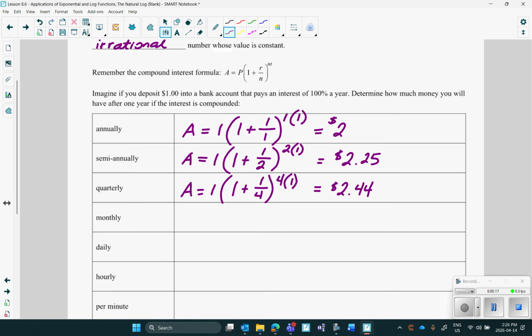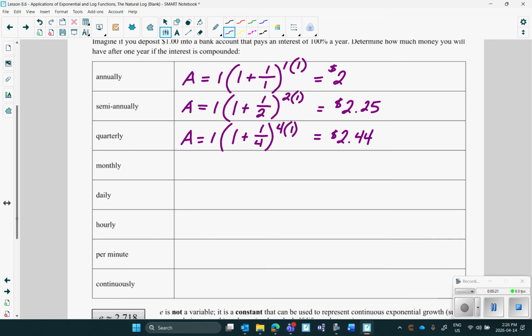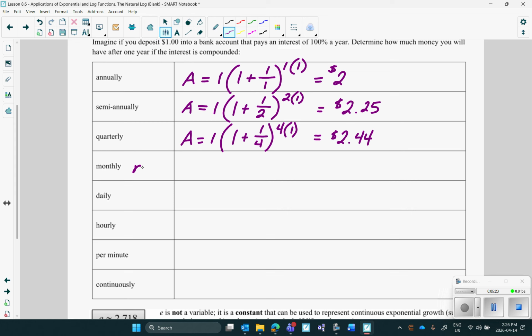Now, I'm not going to keep writing this, but I'm just going to show you if we did monthly and it's 12, we would get approximately $2.61.